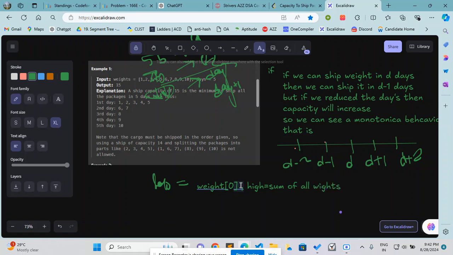We use binary search and find whether I can supply this much weight in D days.